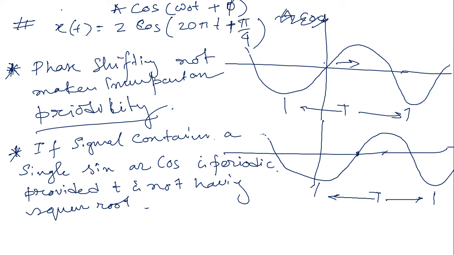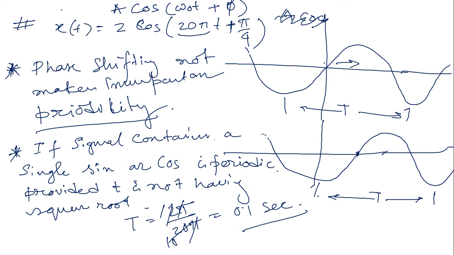So here, what is the value of omega naught? Omega naught is 20 pi. So directly I can write T equals 2 pi by 20 pi. So the periodicity is 1 by 10, that is 0.1 second. That is the periodicity. So a single cos or sine is present, the signal is a periodic signal.